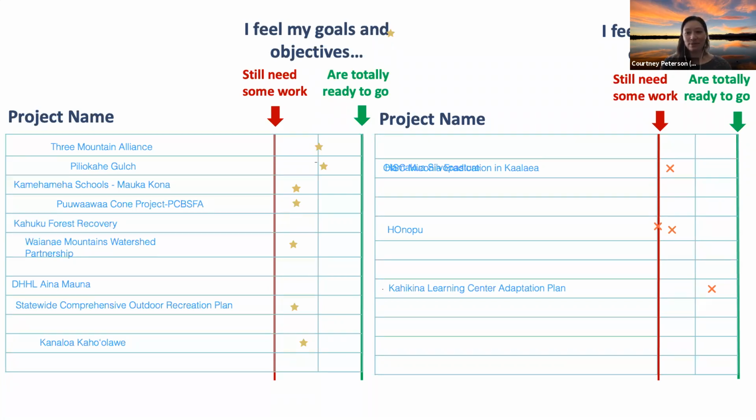So do feel free to reach out to any of us working as facilitators that Rihanna covered in that slide this morning, and we can all help you start to think about some of your goals and objectives and how to tweak those to best fit the adaptation workbook process. But for someone who does think your goals and objectives still need some work, what are some of the big questions you still have about them?